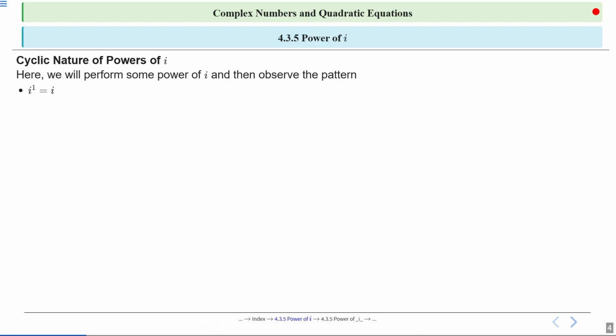So let's begin by calculating the first power of iota. We have iota to the power 1 is iota. This just means that raising iota to the power 1 gives us iota itself. Next, let's look at the second power of iota, that is iota square equals -1.